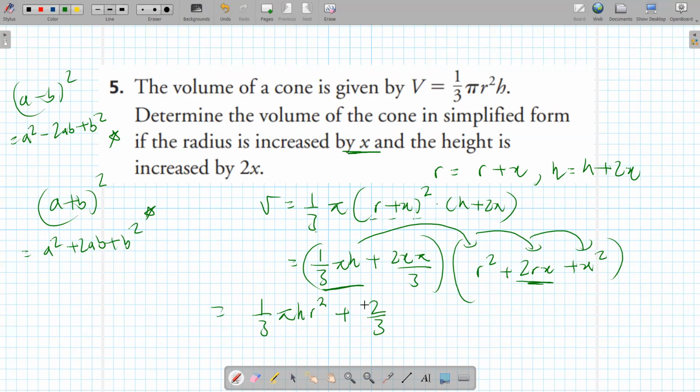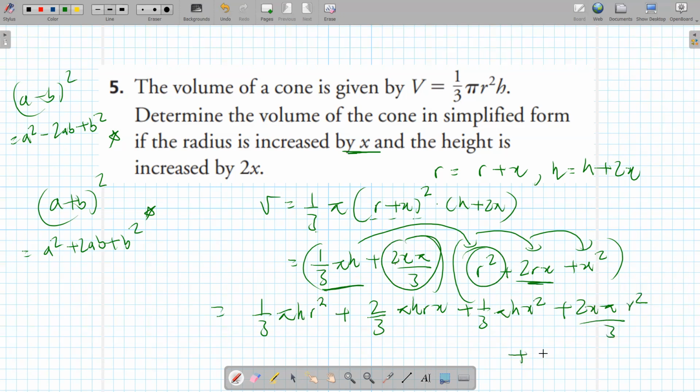Pi h times rx, they have nothing in common. Pi h rx. The third term, again, there's an x, there's a pi, there's nothing in common. So 1 over 3 pi h x squared. Now we do this with this, right? Again, there's nothing in common, so you just rewrite it. 2 pi x r squared over 3.